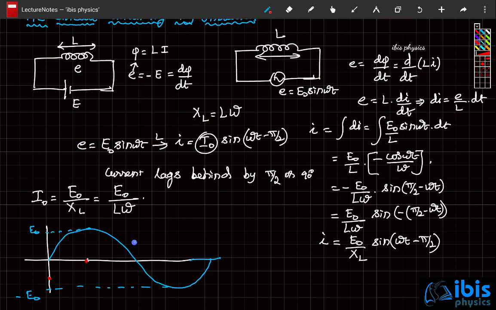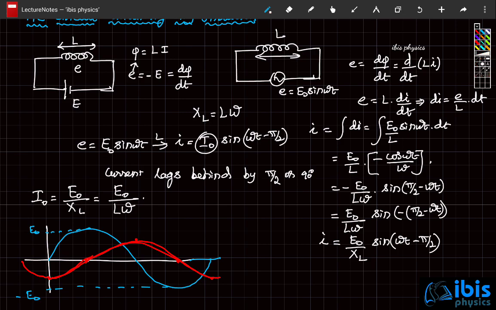When this becomes 0, that time only the current reaches the maximum, and when this is 0 again, the current reaches the negative maximum. So the current will be somewhat like this. It started 90 degrees behind, so that is why it goes like this.